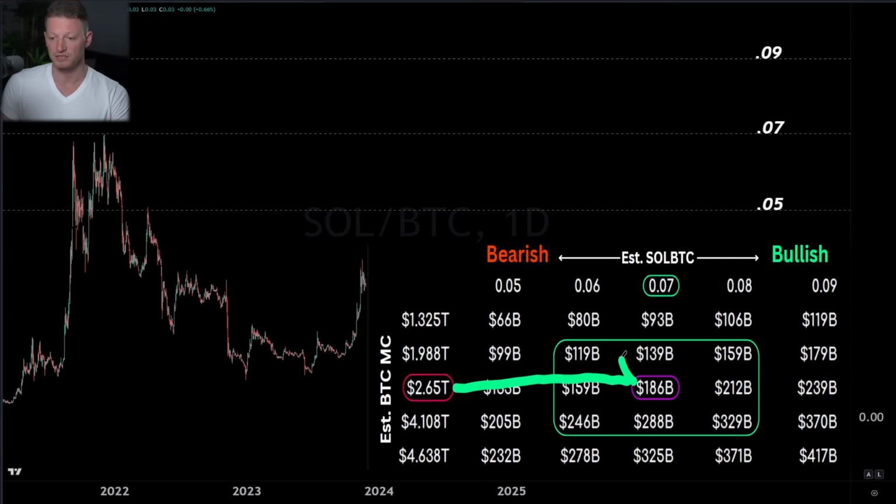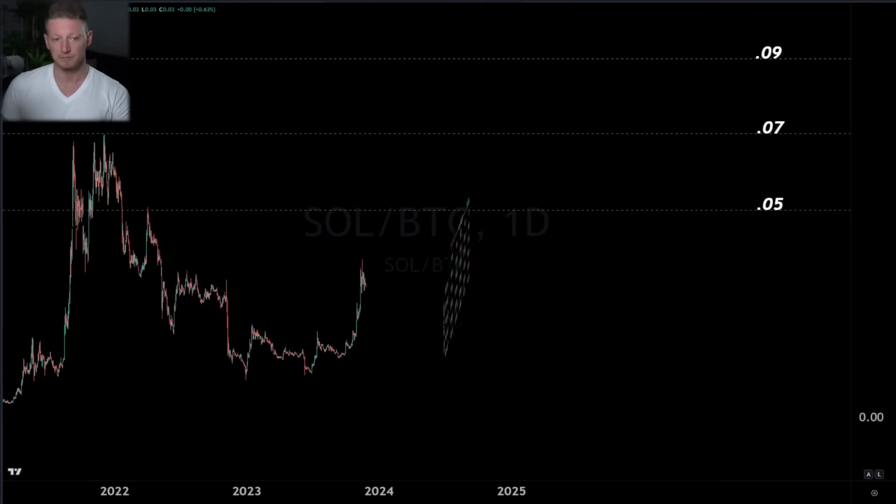So all we're doing is using these two base values that we said. So that's $186 billion. And we'll get to how this relates to the price in a minute. But we should spend a few seconds talking about this and understanding what the potential is based on what we're seeing here.